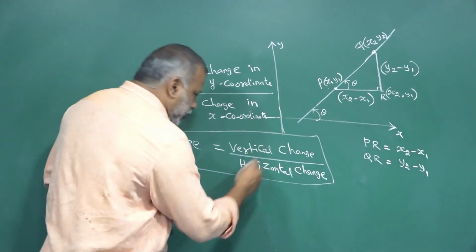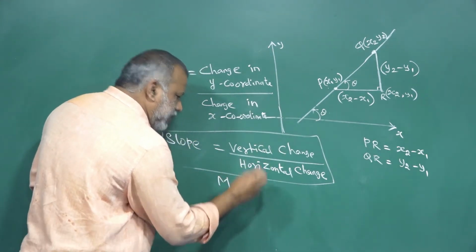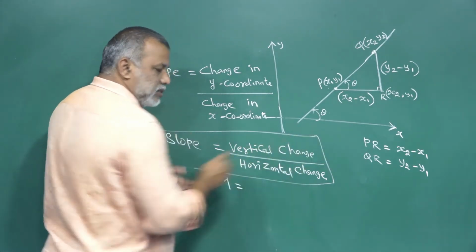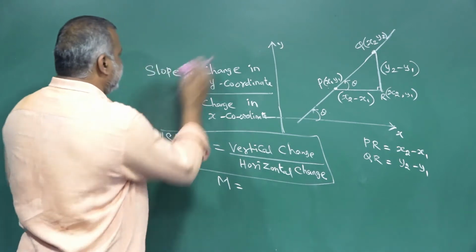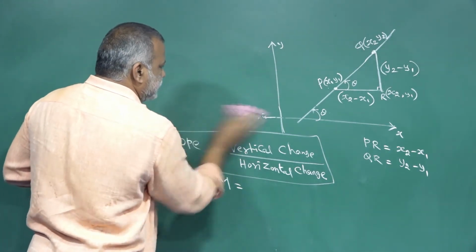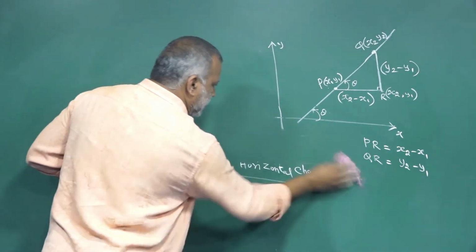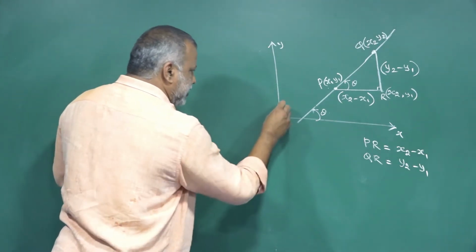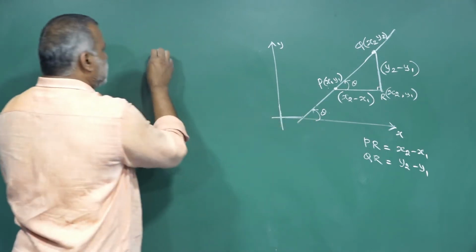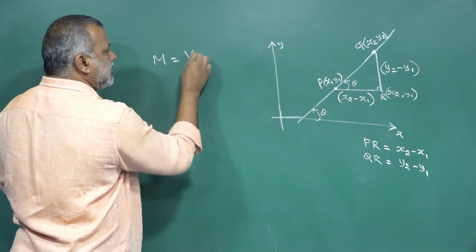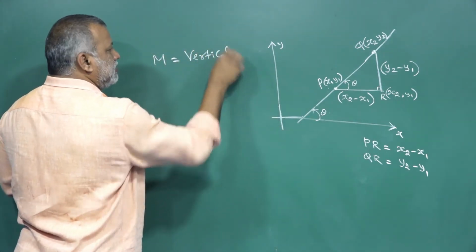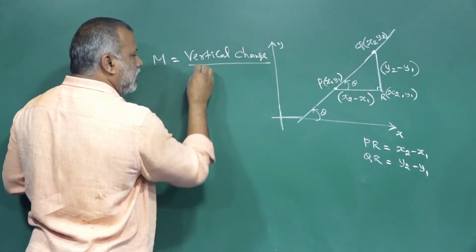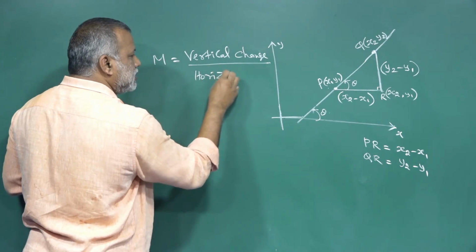Now slope is denoted by m. You already know the meaning of m. So m equal to vertical change. See here, what is the meaning of vertical change? As per the definition, slope m equal to vertical change divided by horizontal change.